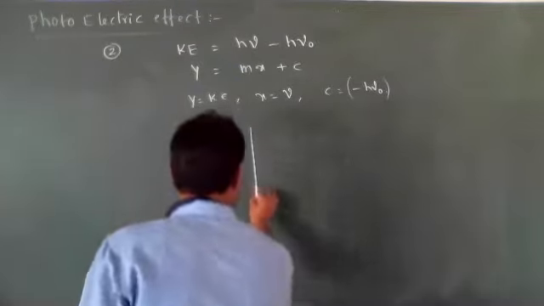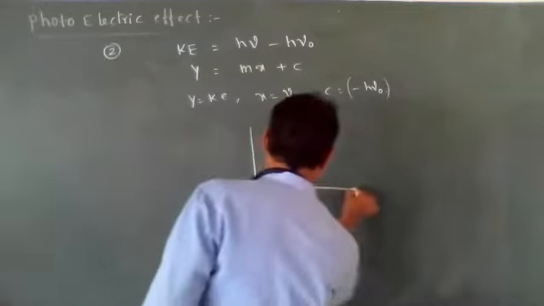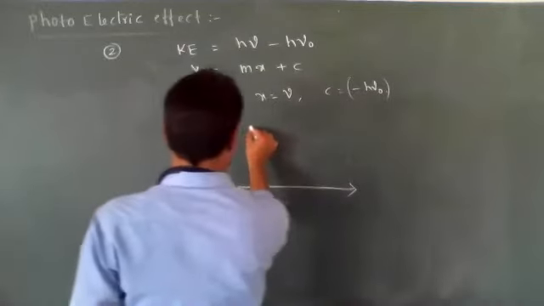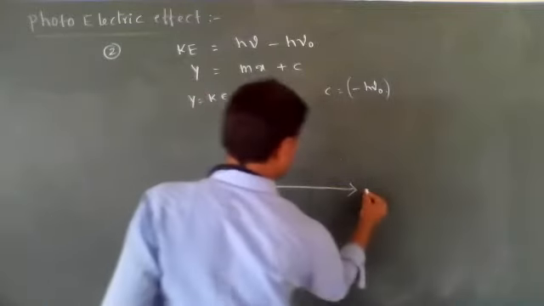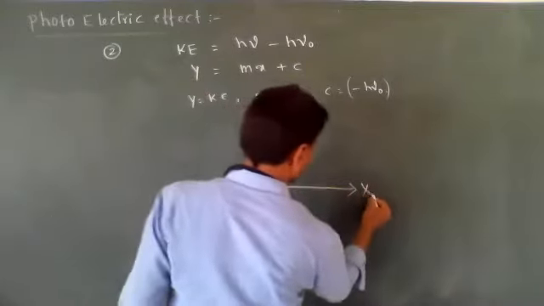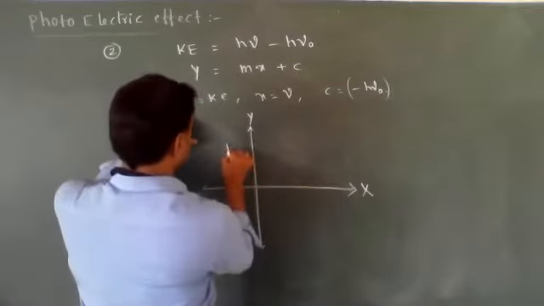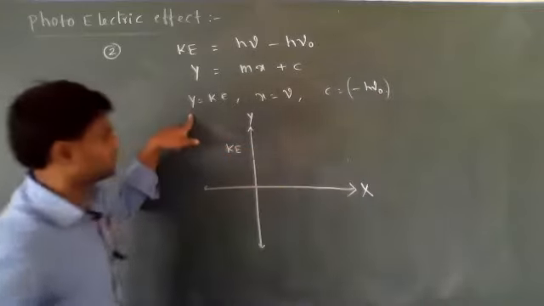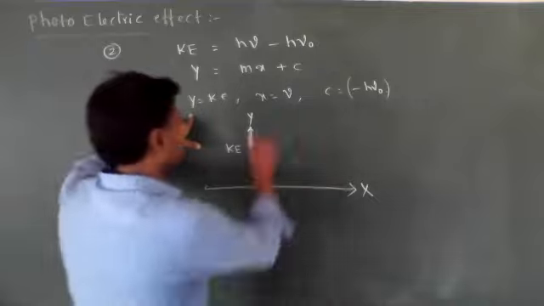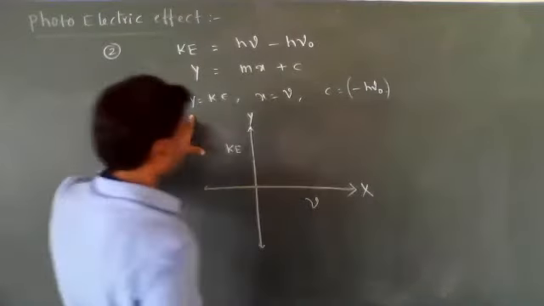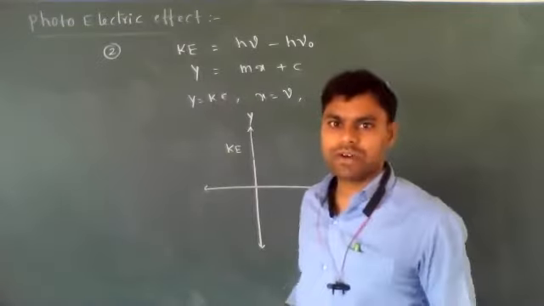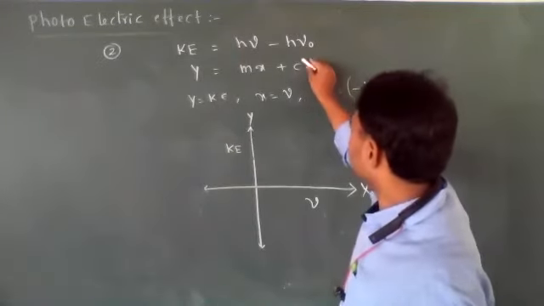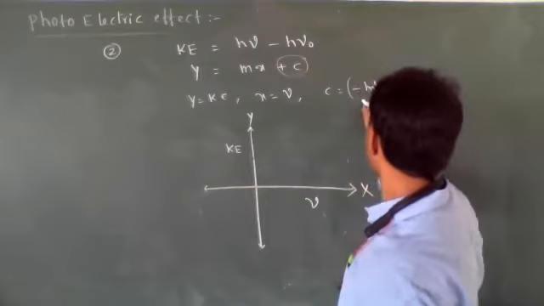This is the y-axis, this is the x-axis. On the y-axis we take kinetic energy, and on the x-axis we take frequency. Now y is equal to mx plus c line, but with a negative intercept.